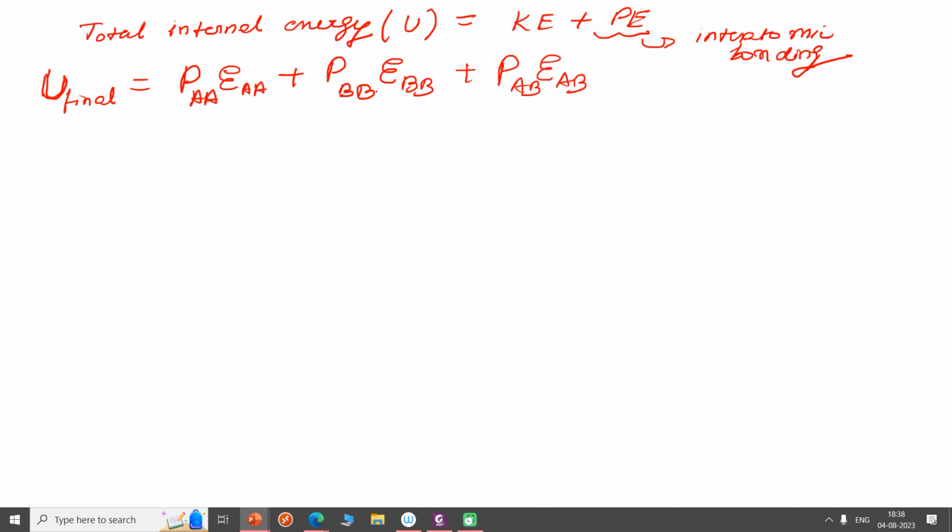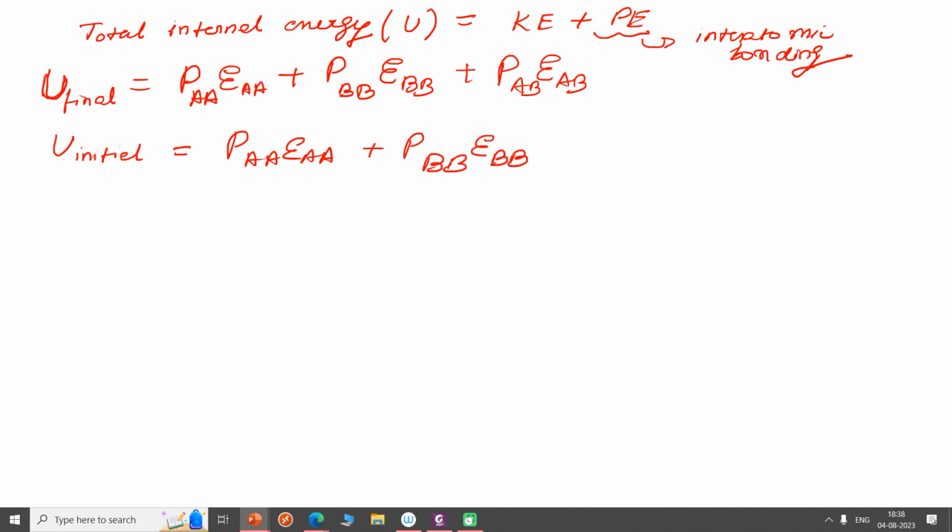So this is after mixing, and immediately before mixing, what was the initial internal energy? Well, it was something similar to this, but there should not be any AB, right? Because we have not started the mixing yet.